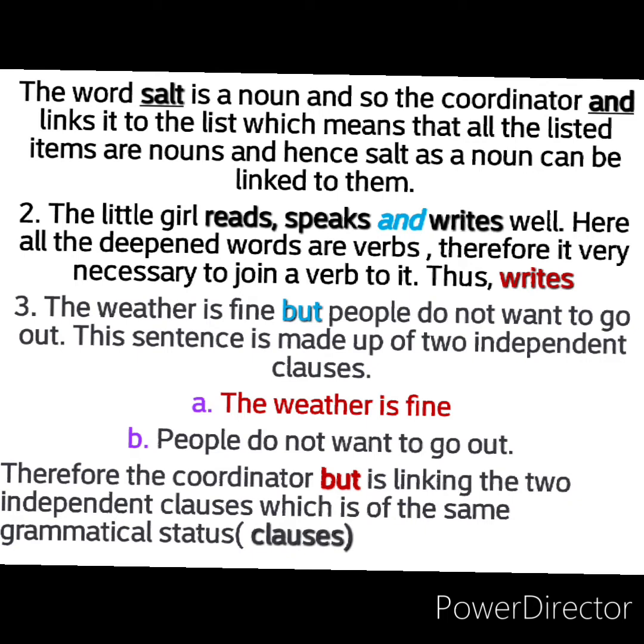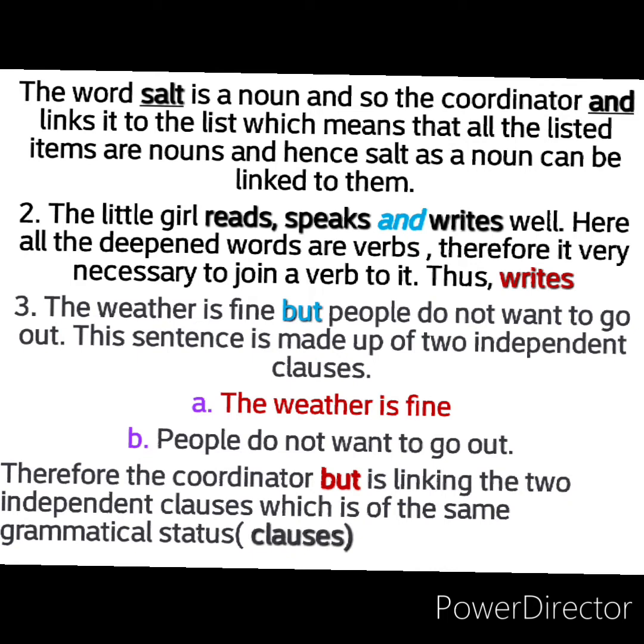Now, let's come back to the one down here. These sentences are made of two independent clauses. One, the weather is fine. Two, people do not want to go out. They are both independent clauses, and they make complete meaning.